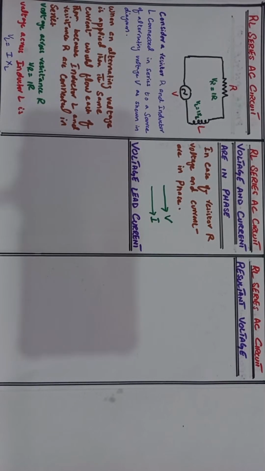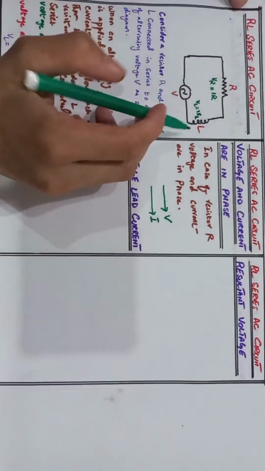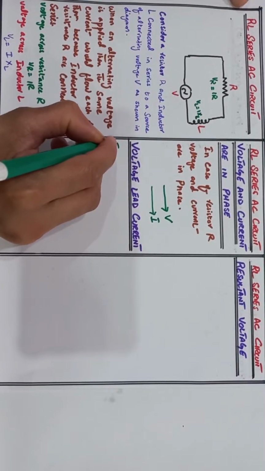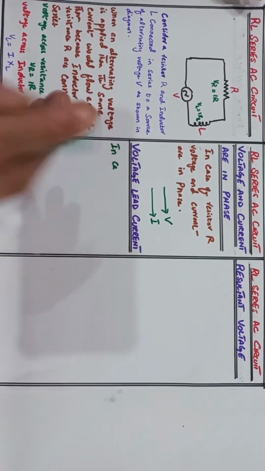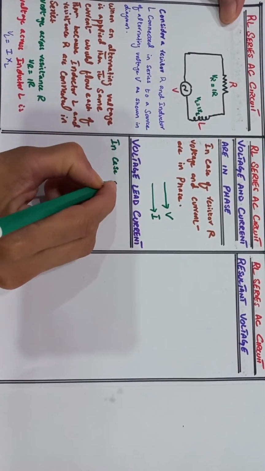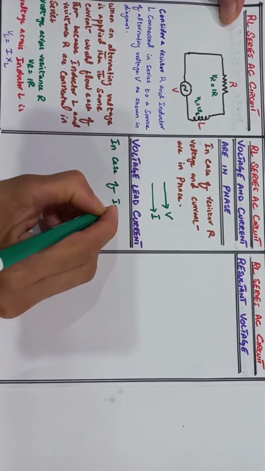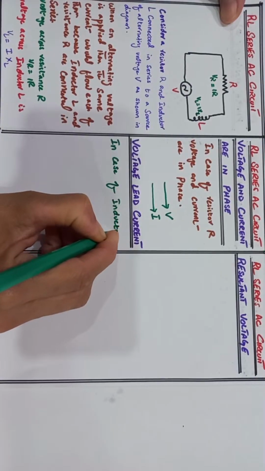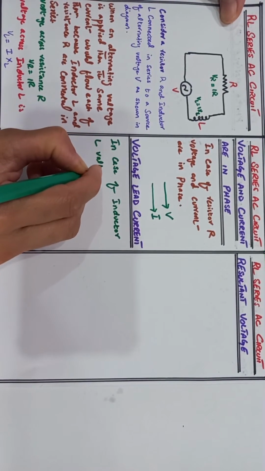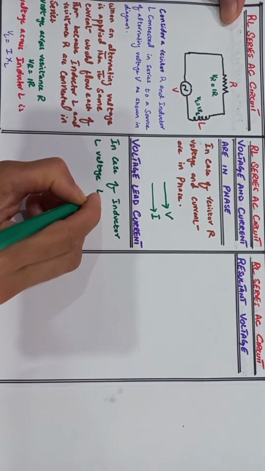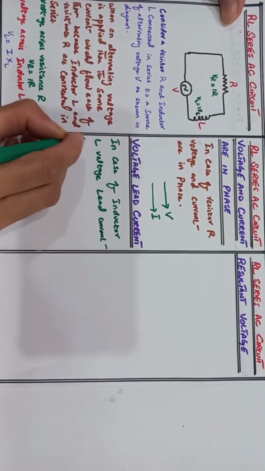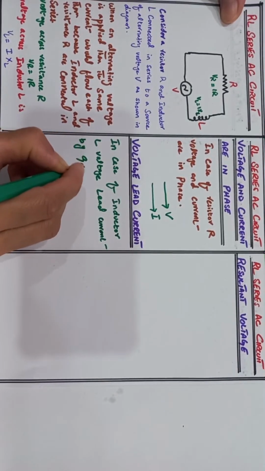Second, we discuss the inductor. We know that in the inductor, the voltage leads the current by 90 degrees.